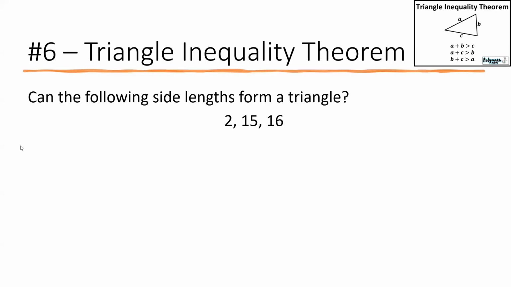All right, let's get to our last question here, and this matches up with number 6. It is our triangle inequality theorem. So I do have a picture up here in the right-hand corner to help explain, but we'll go over it together, of course.